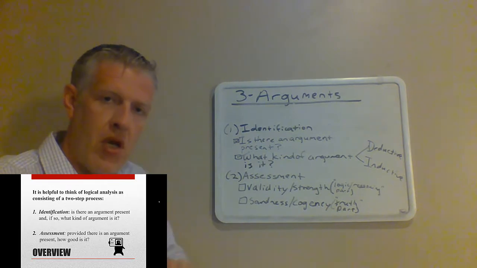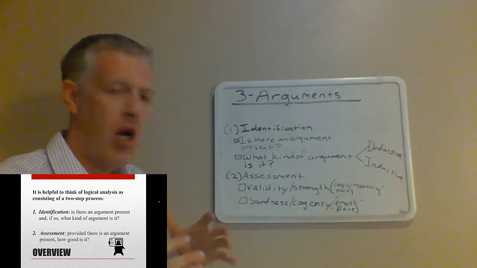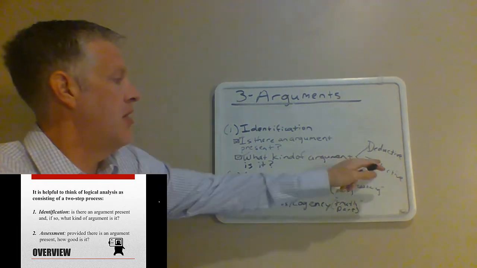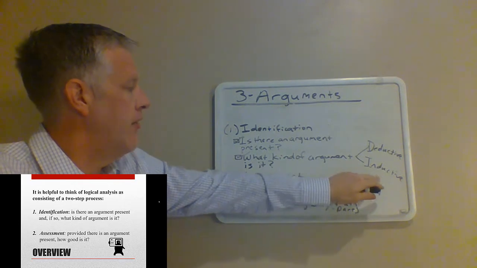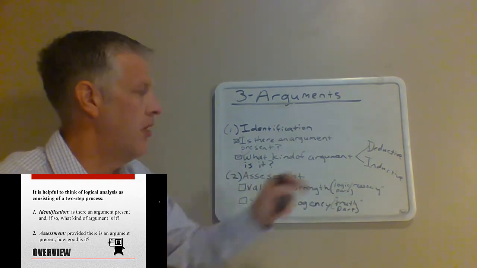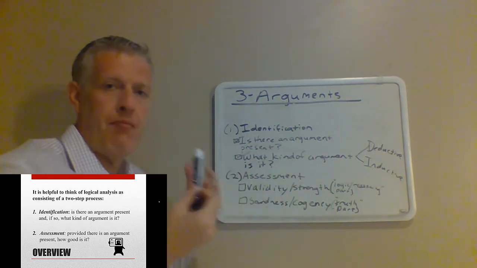Okay, all arguments, at least in terms of our class and how we're proceeding, are classified into one of two types. They're either deductive or inductive. And we'll get into, again, the differentiating factor in a moment, how you figure that out. But that's the second step of this identification process, right?